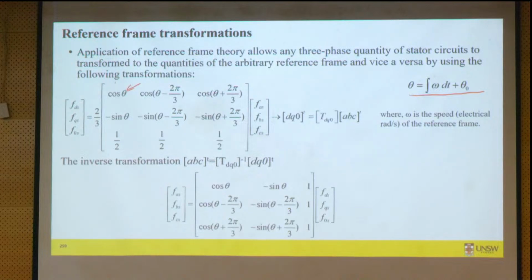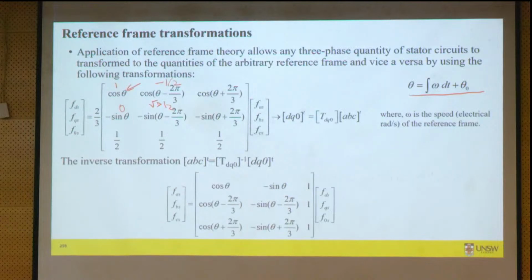Cos 0 will give you 1, cos minus 2 pi over 3, cos 120 degrees, will give you half, and so on. This is 0, this will be root 3 over 2, and so on. So the elements of the matrix in the stationary reference frame are simply numbers, and you don't need theta.